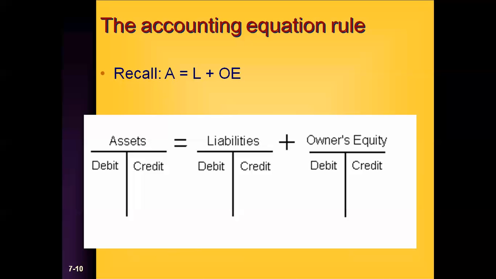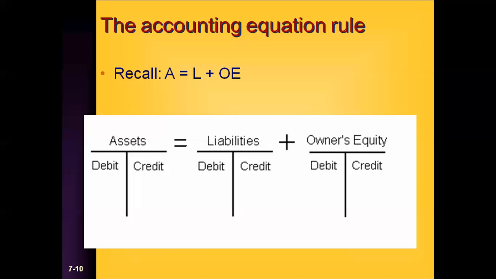So if you would, for instance, say cash would be an asset account. If you increase cash, that particular T account would be credited or debited. I'm sorry, would be debited as a result of that particular action.